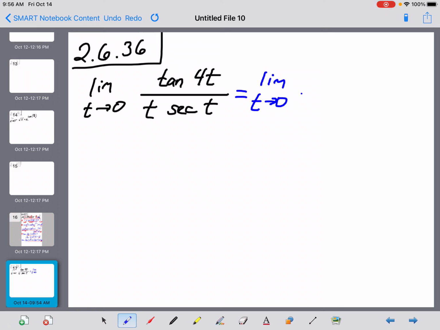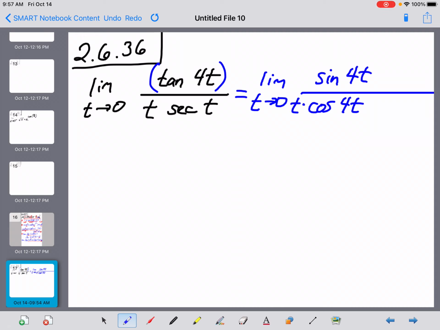Now this is going to get interesting and a little bit messy, but let's see what we got. Tangent of an angle, in this case tangent of 4t, can be broken down into the sine of the same angle, 4t, divided by the cosine of the same angle. That's the numerator. We still have the denominator to worry about, which has a t in it, and I would like that better in front of the cosine rather than after.